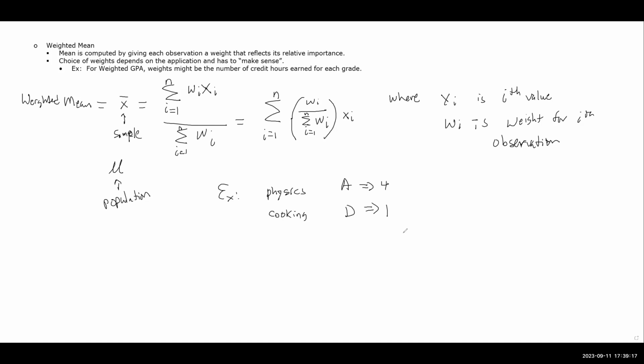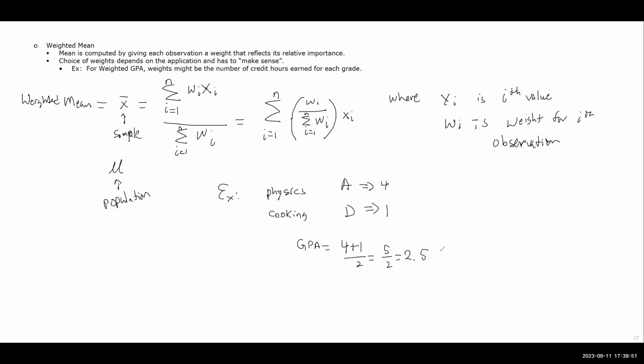So then someone's like, okay, what's this person's GPA? And then someone would say, okay, well, the GPA, the grade point average, is equal to 4 plus 1 divided by 2. 5 divided by 2 is equal to 2.5. Oh, no, 2.5. Wish I could do math.